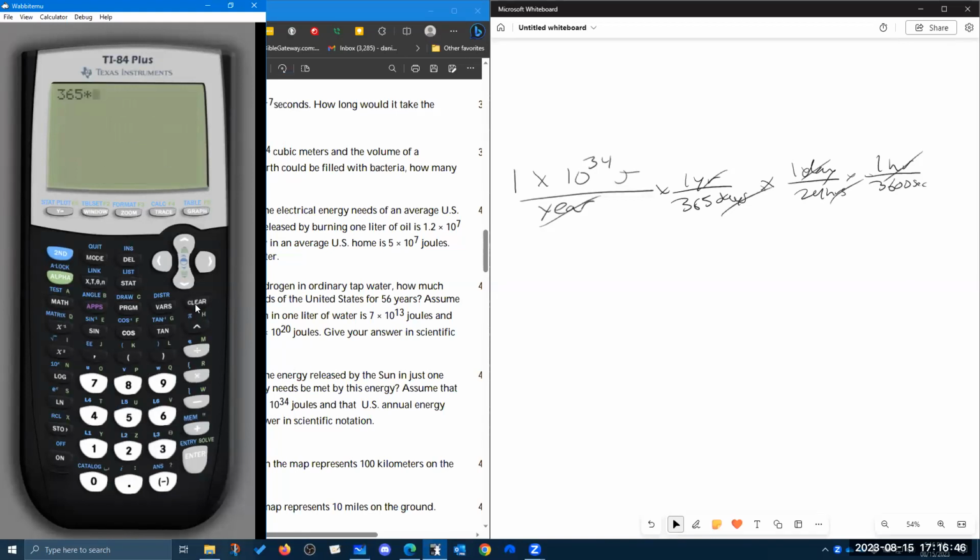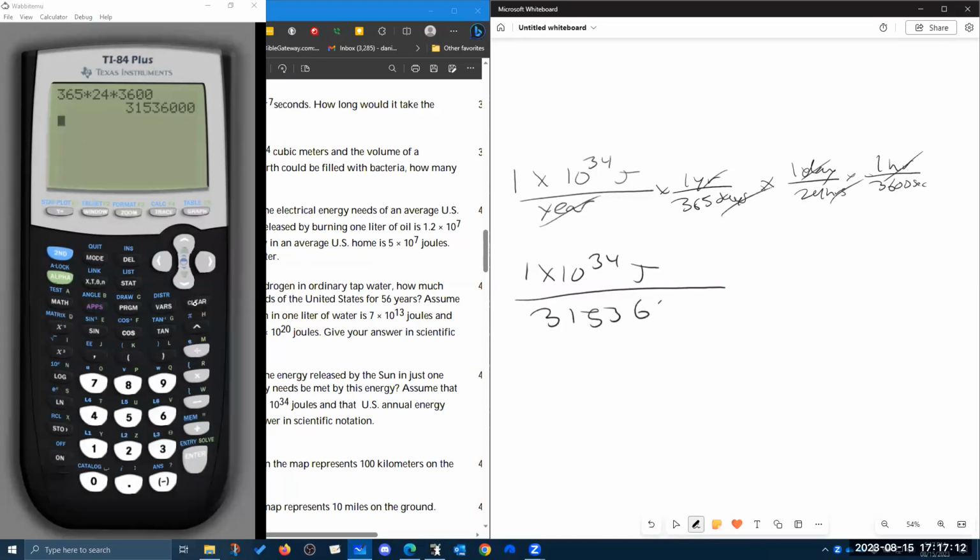365 times 24 times 3,600. Denominator there is big. It's going to be 1 times 10 to the 34th joules over 31,536,000 seconds.